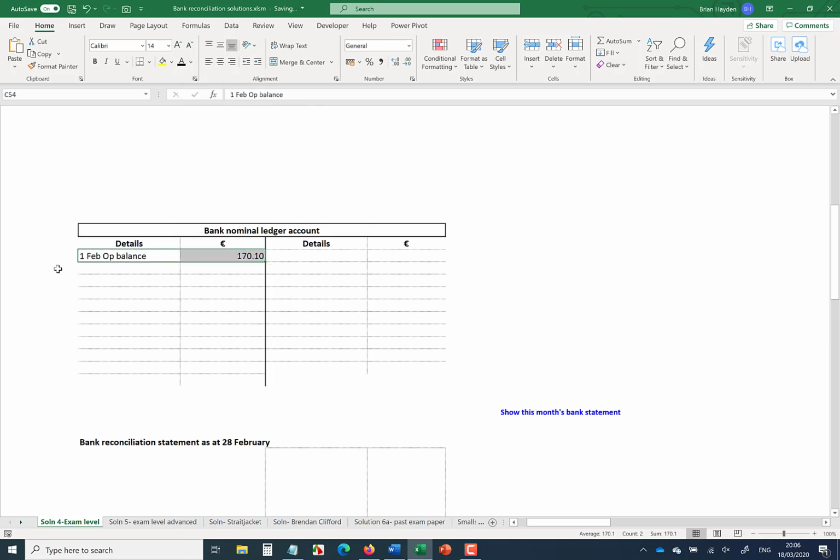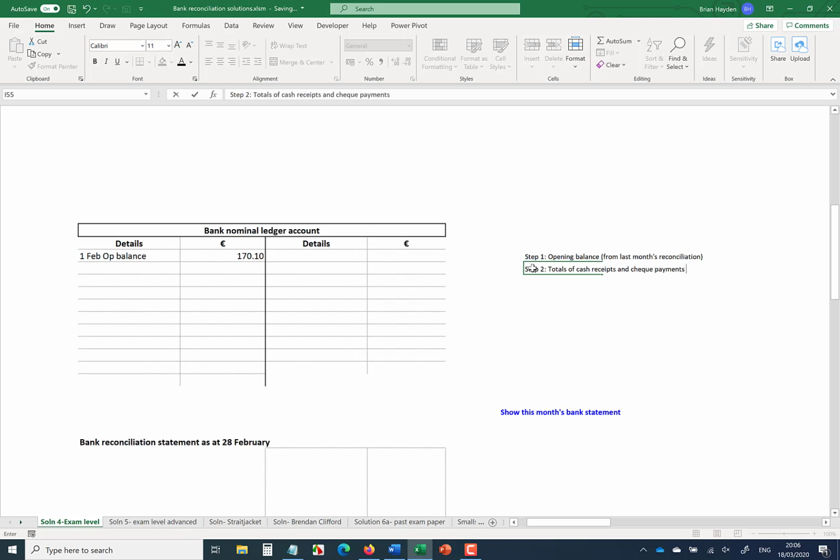So that's the first step, opening balance. So I might just put in step 1: opening balance, and you get that from last month's reconciliation. Step 2 is totals of cash receipts and check payments daybooks.